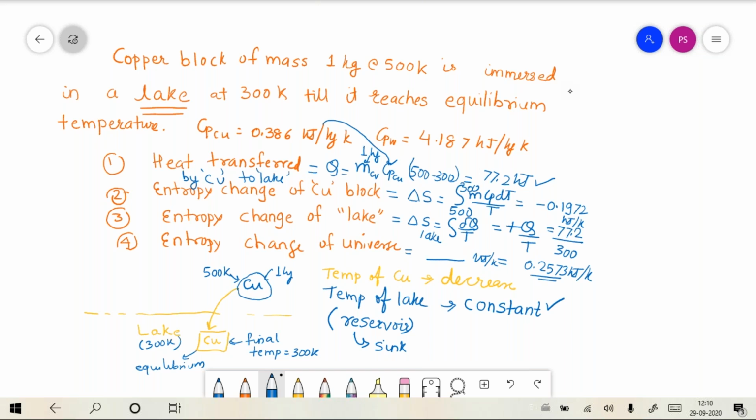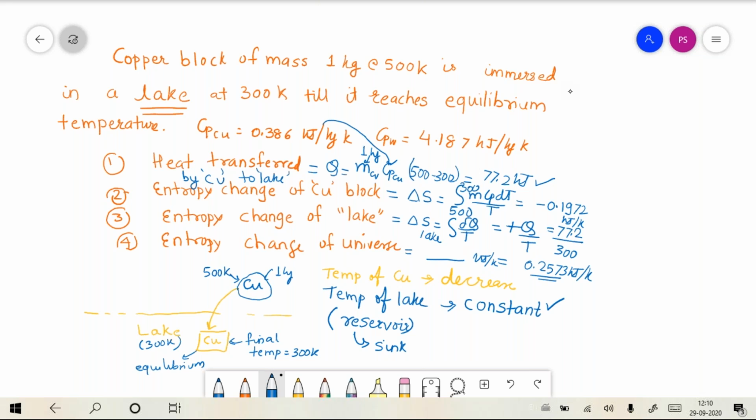But how irreversible is it? That we have quantified by calculating the entropy change of the universe, that is the entropy generation in the universe, as a summation of the entropy change of the copper block and the entropy change of the lake.